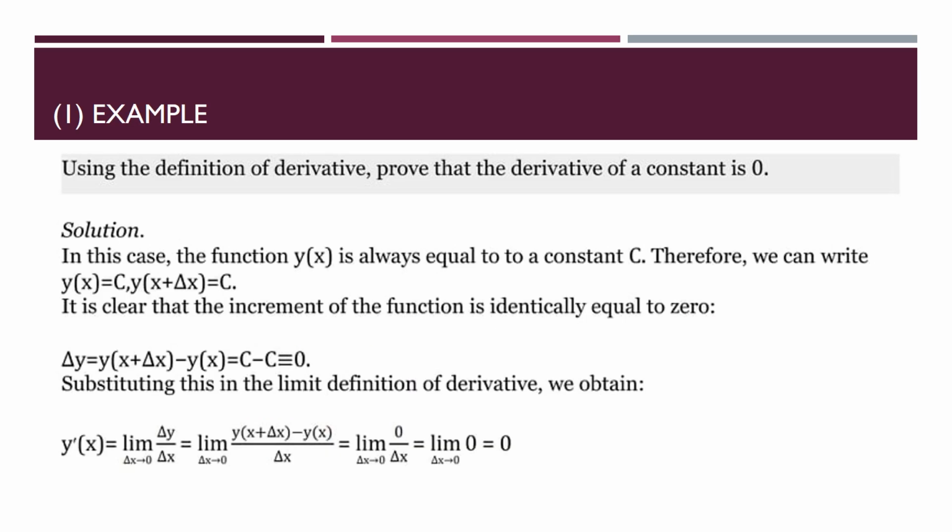And using the definition, let's prove that the derivative of a constant is 0. Here's how we will do it. Let's say that a constant is equal to c. So let us try to derive delta y. Now, it will be equal to c minus the original function.